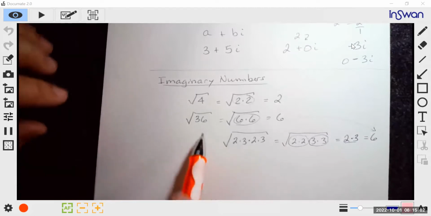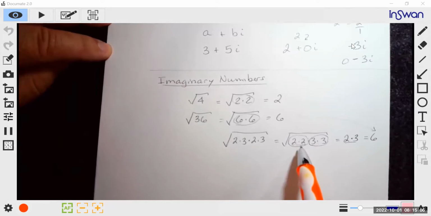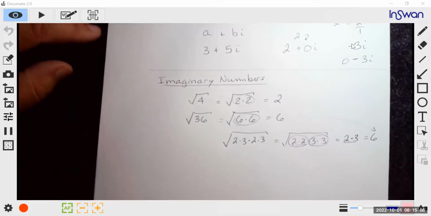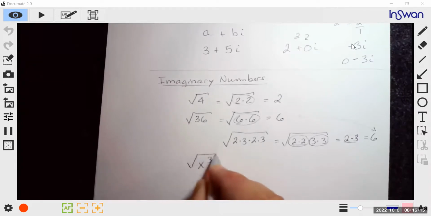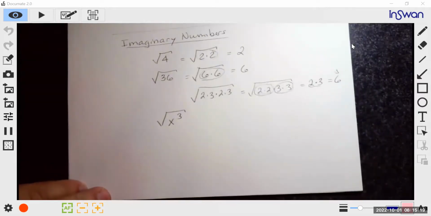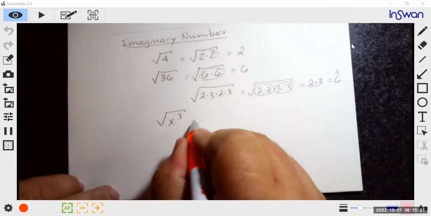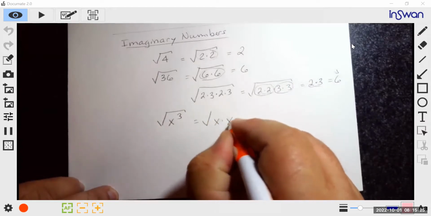So whenever you have square roots, once you find 2 of the same type of number or letter or anything, you can take it outside the radical. It works the same with variables. So it's x times x times x.